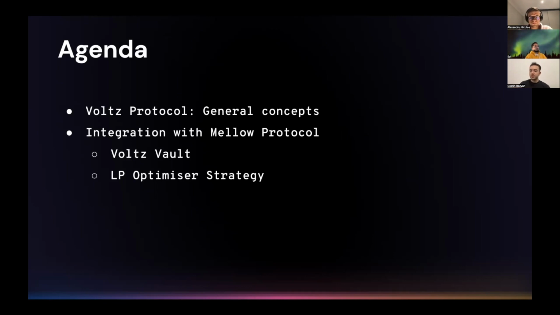First, we'll go through all the key user flows, and then we'll see how to interact with the periphery if we want to interact on chain, or with our SDK if we want to interact off chain.